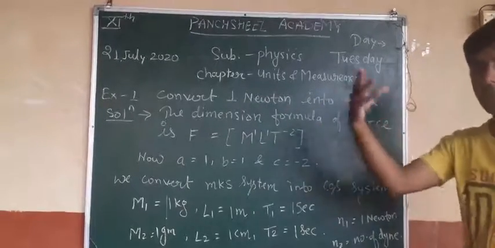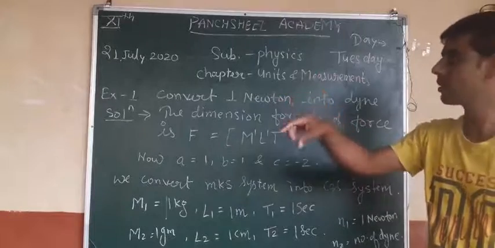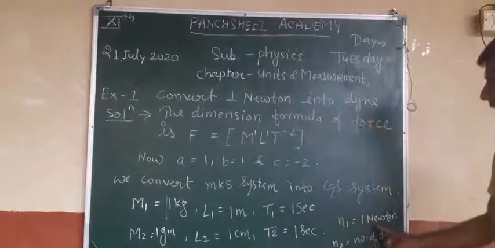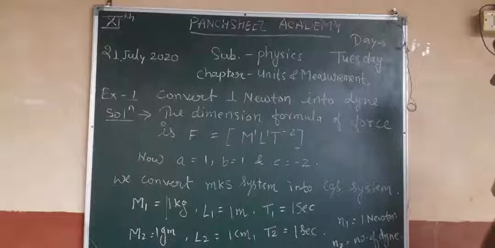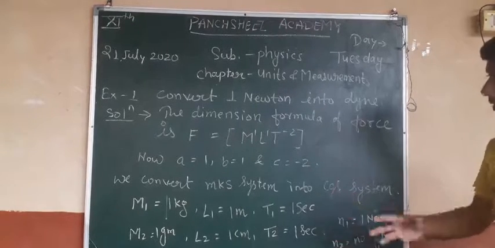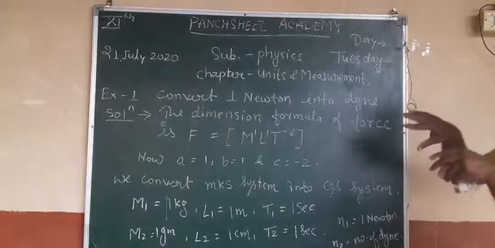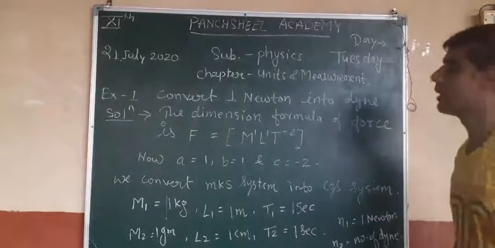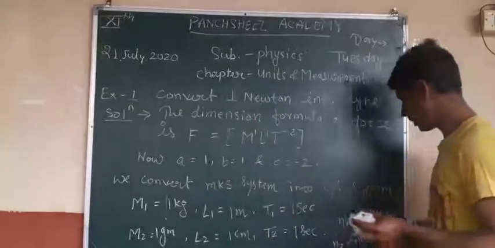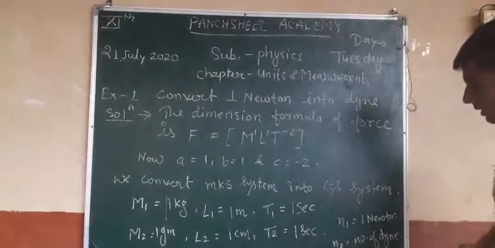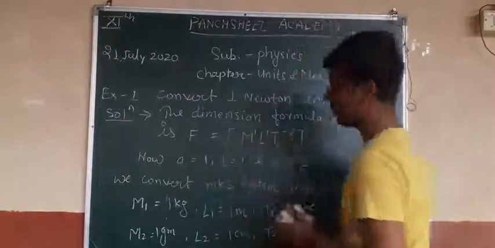Dyne means how many dynes, what is the number of dyne. Okay. So N1 is 1 Newton and N2 is number of dynes. Now all this information, if we formulate in a formula, then we will get the value of N2. Now please write down this.